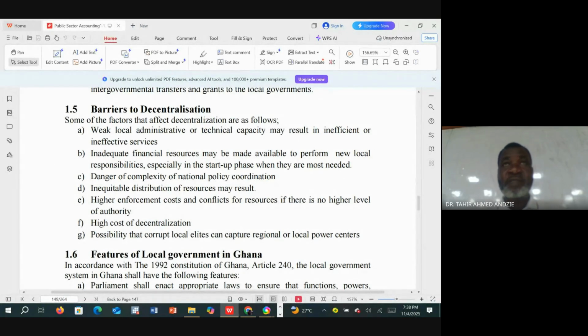So you have somebody who has just finished Form 4 or just finished SS, but because of political reasons, you are appointed to become DCE. And when that happens, you can see that the efficiency in providing services to the various districts will be affected. So we're looking at lack of local administrative or technical capacity. The government must appoint people with technical capacity to be able to function.